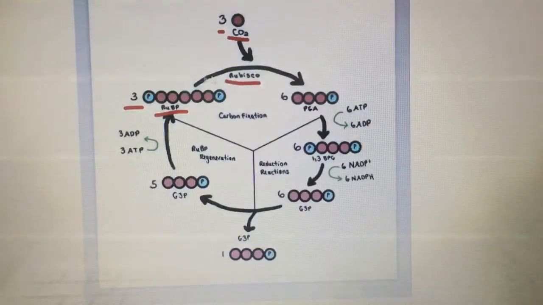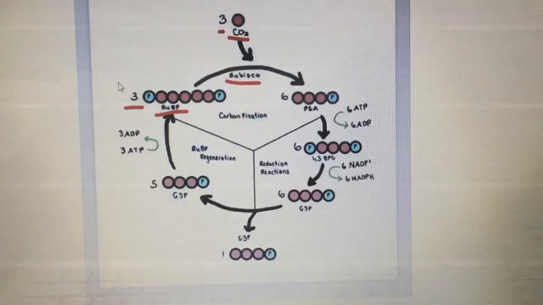Here we must calculate the carbon compounds produced. For 1 molecule of RuBP, there are 5 carbons. So 3 molecules of RuBP means we are expecting a 15 carbon compound.